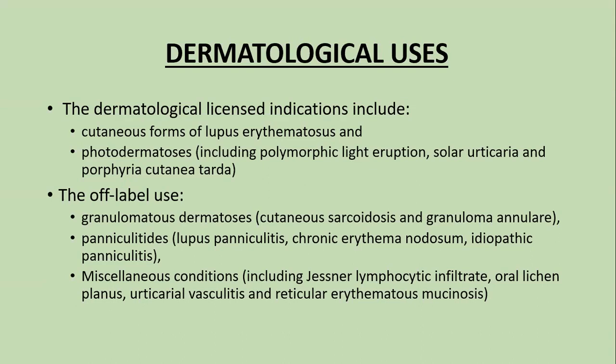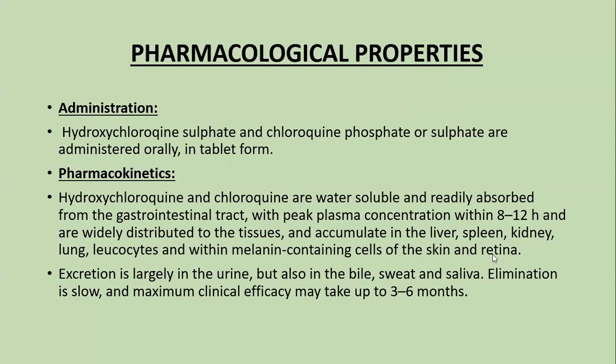And the off-label dermatological uses include the granulomatous dermatoses like cutaneous sarcoidosis and granuloma annulare, then panniculitides like lupus panniculitis, chronic erythema nodosum, and idiopathic panniculitis. Several miscellaneous conditions, which include Jessner's lymphocytic infiltrate, oral lichen planus, urticarial vasculitis, and reticulate erythematous mucinosis.